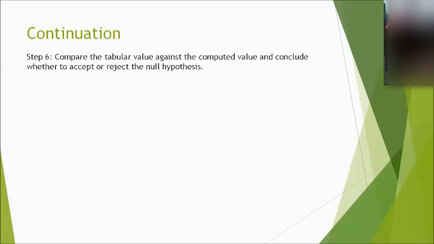So step 6, let's compare the tabular value against the computed value and conclude whether to accept or reject the null hypothesis. So since the computed value is greater than the tabular value, of course, 2.459 is greater than the 2.262 from the t-table, we need to reject the null hypothesis and accept the alternative hypothesis.